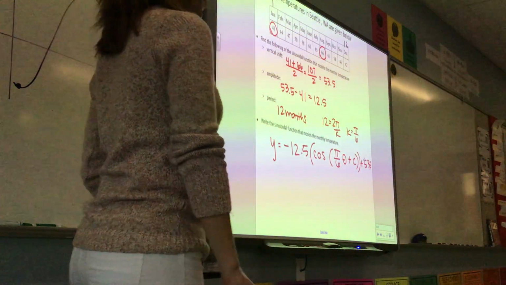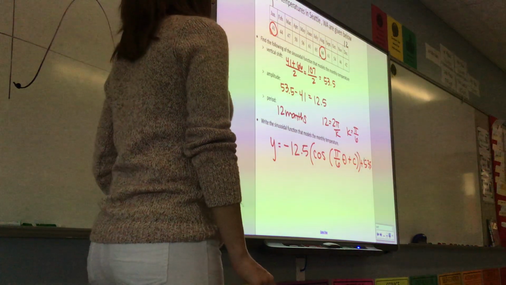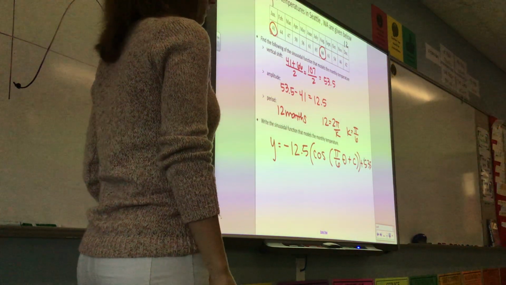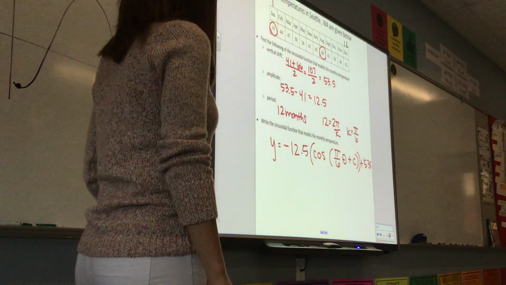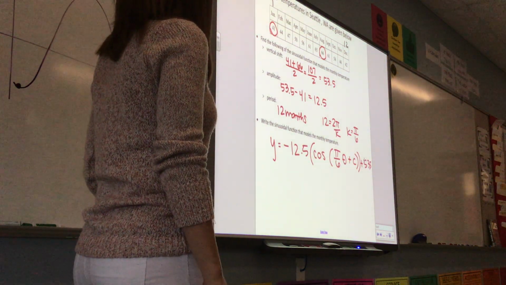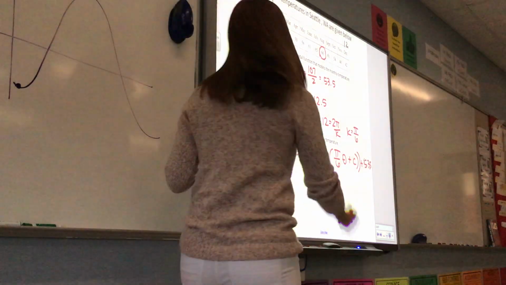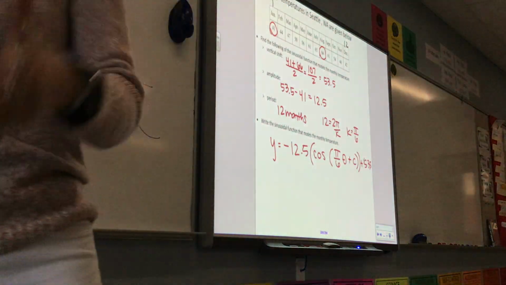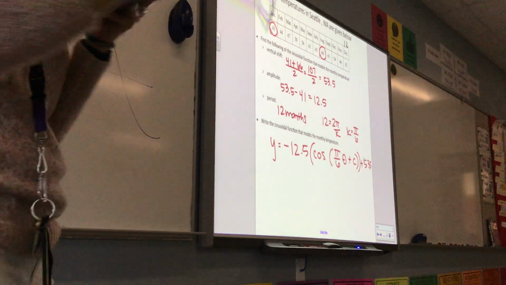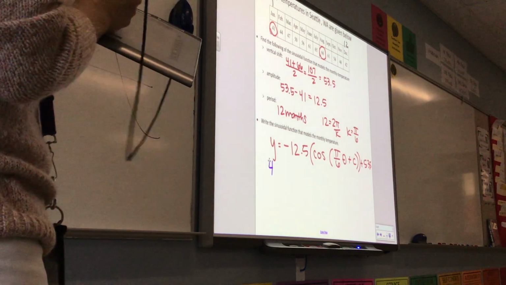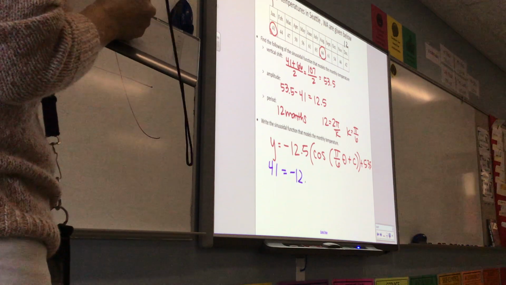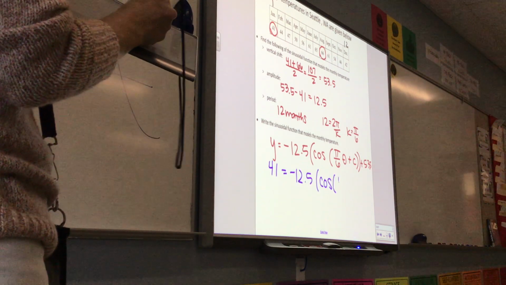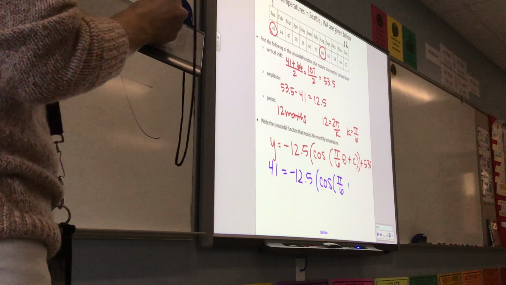Plug in 1 for what? 41 for your y, right? Okay. I can plug in a point. I would plug in either your max or your min. This is one way to do it. Because I know all of those ordered pairs. I know that when it's 41 degrees, that means that my t is what? Or my theta is what? 1.